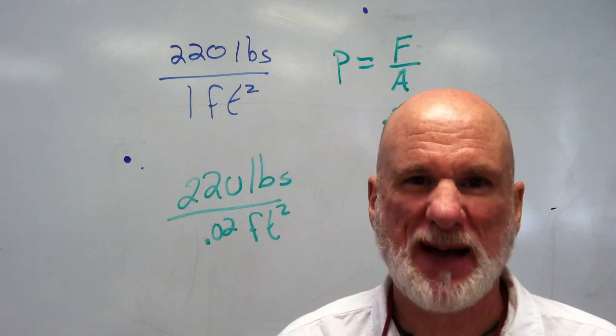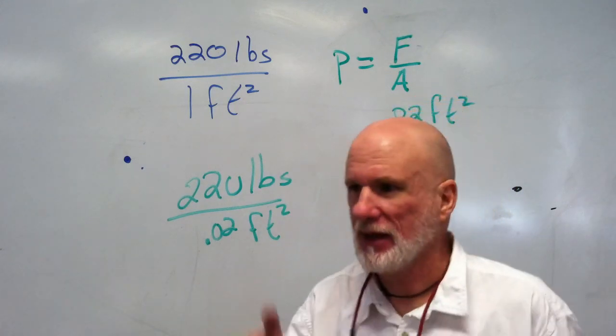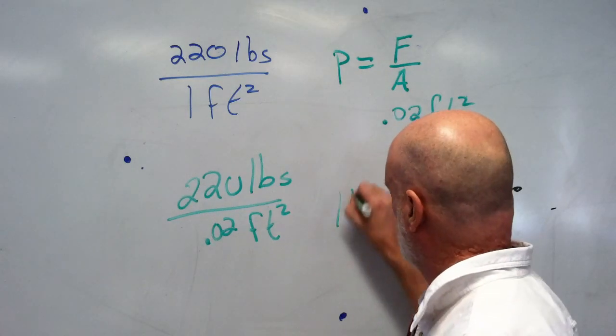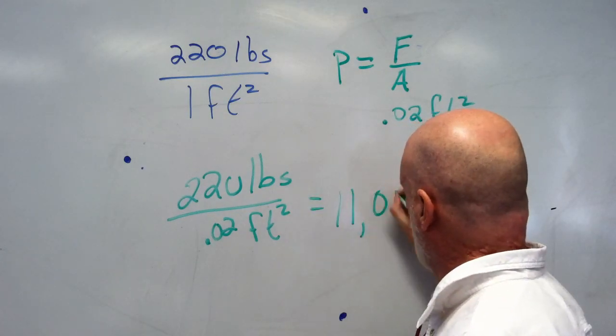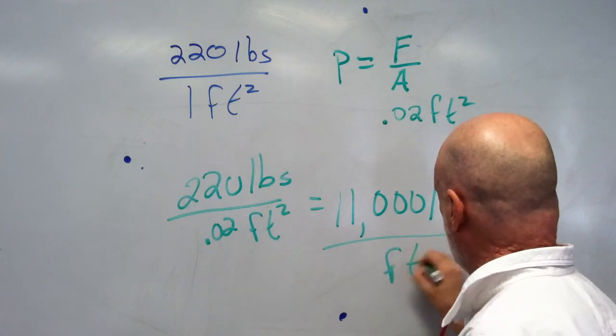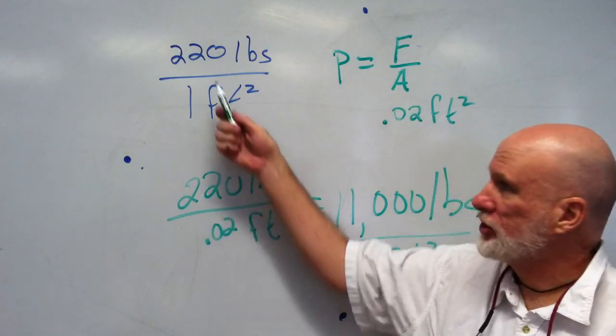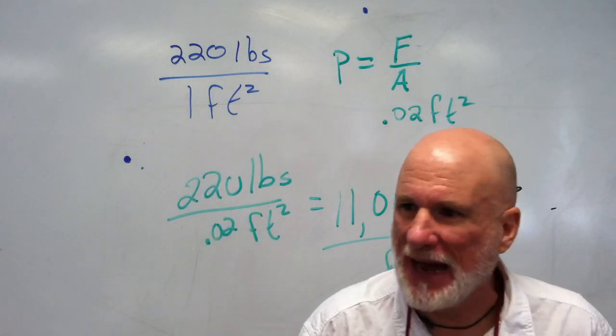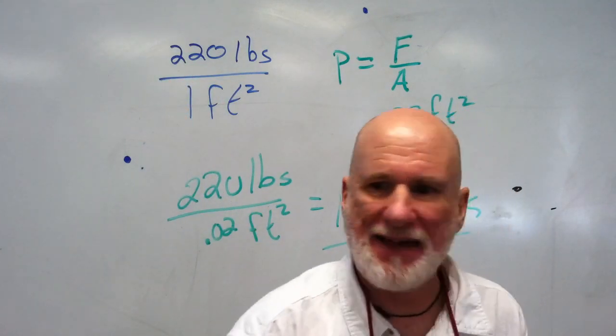I already did the problem, I know it already, but don't tell them. Okay, 11,000. 11,000 what? 11,000 pounds per square foot. I went from 220 pounds per square foot to 11,000 pounds per square foot. I'm standing on that ice.